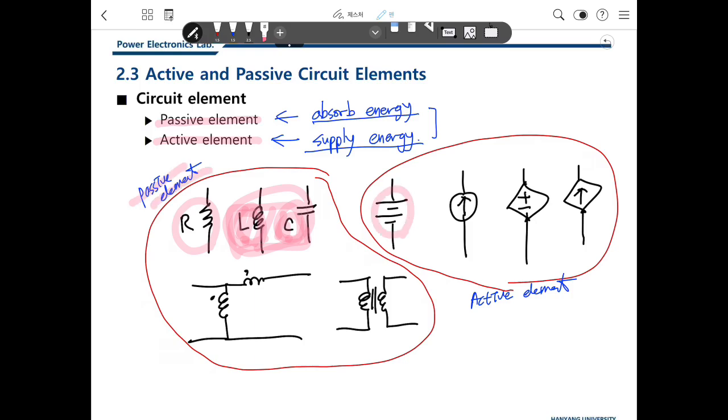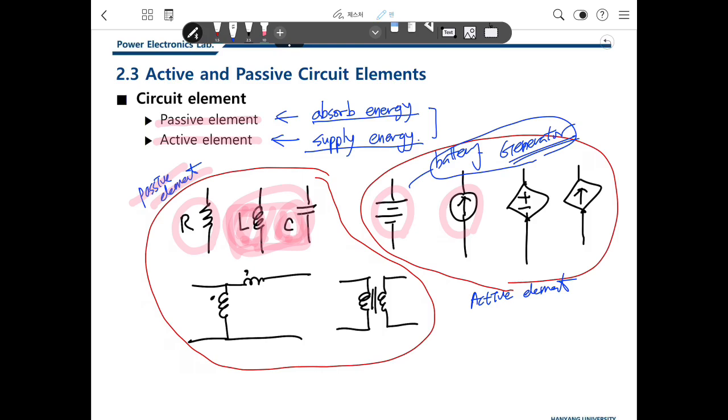But then there are the voltage source and current source. What are those? Maybe the battery or generator. Then this element makes the energy. So this is a kind of source in the electric circuit.